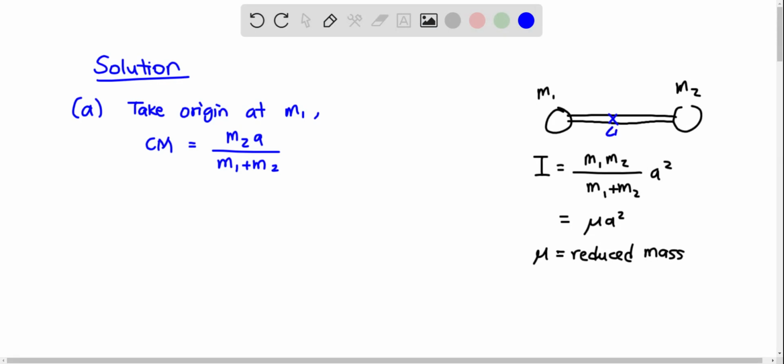This distance is M2A divided by M1 plus M2, and here would just be A minus M2A divided by M1 plus M2.